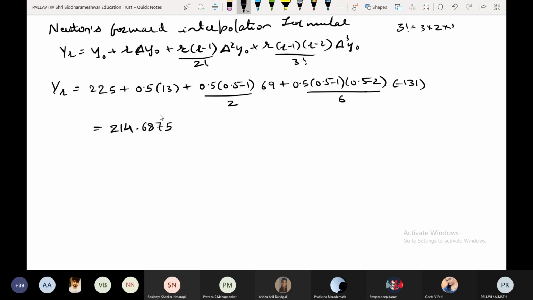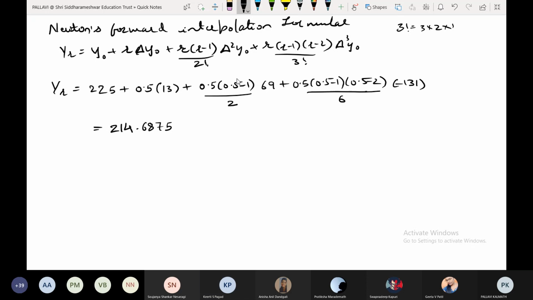How 216? Check all the symbols correctly, what you have substituted. See where you are going wrong.